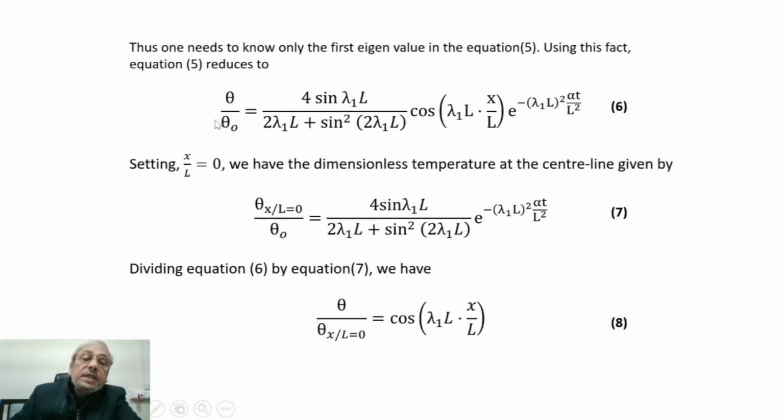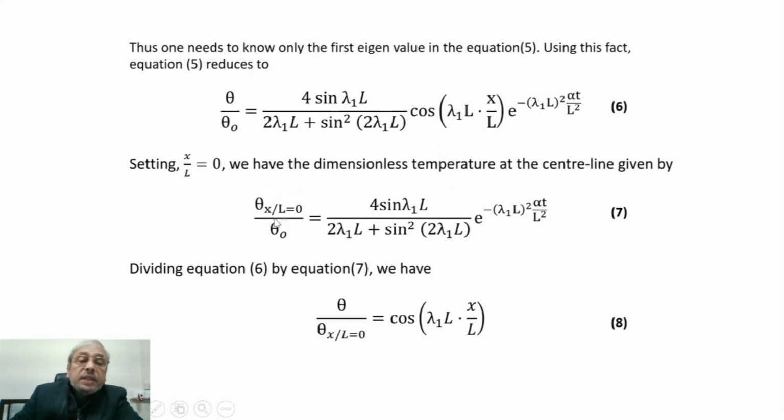So this is the final solution. Now setting x by L equal to 0, that means at the center line of the slab, we get the dimensionless temperature at the center line.